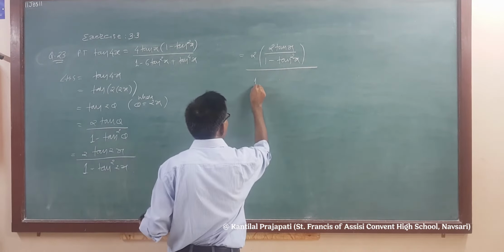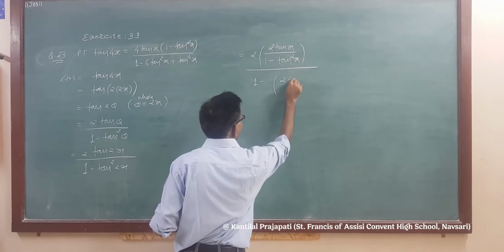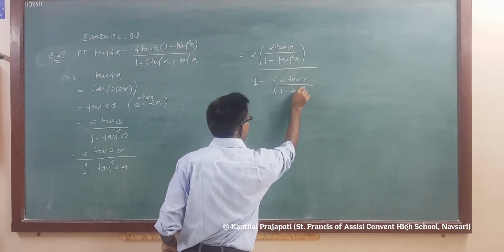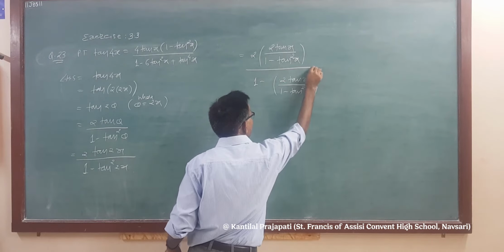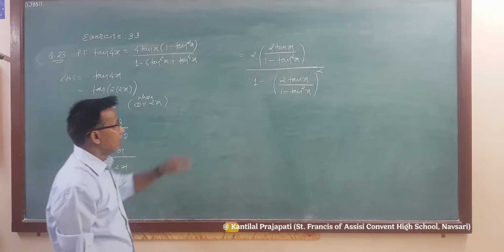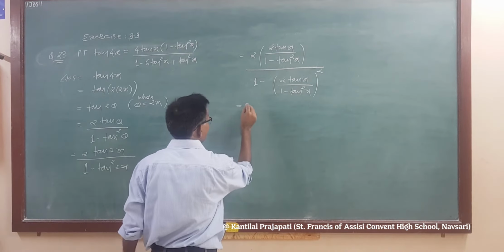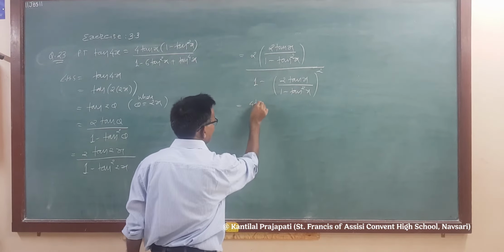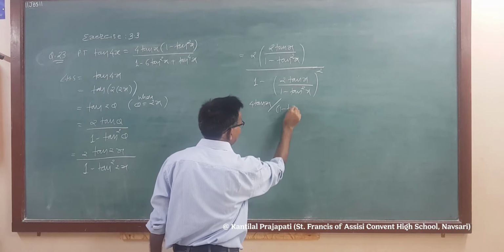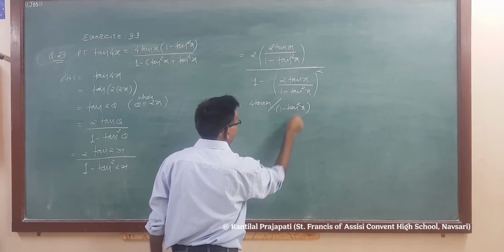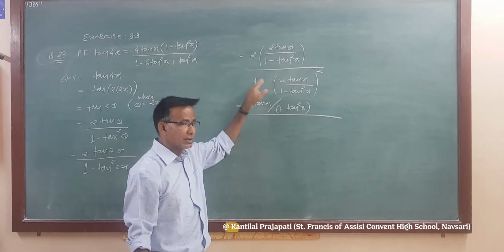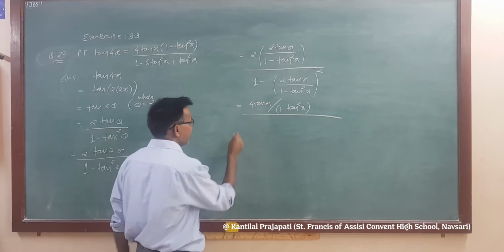So we write here 1 minus 2 tan x upon 1 minus tan square x, whole square. Remember this square here. Now simplify. In the numerator you get 4 tan x upon 1 minus tan square x only, whole divided by, now take LCM here, 1 minus tan square x whole square, multiplied with 1.